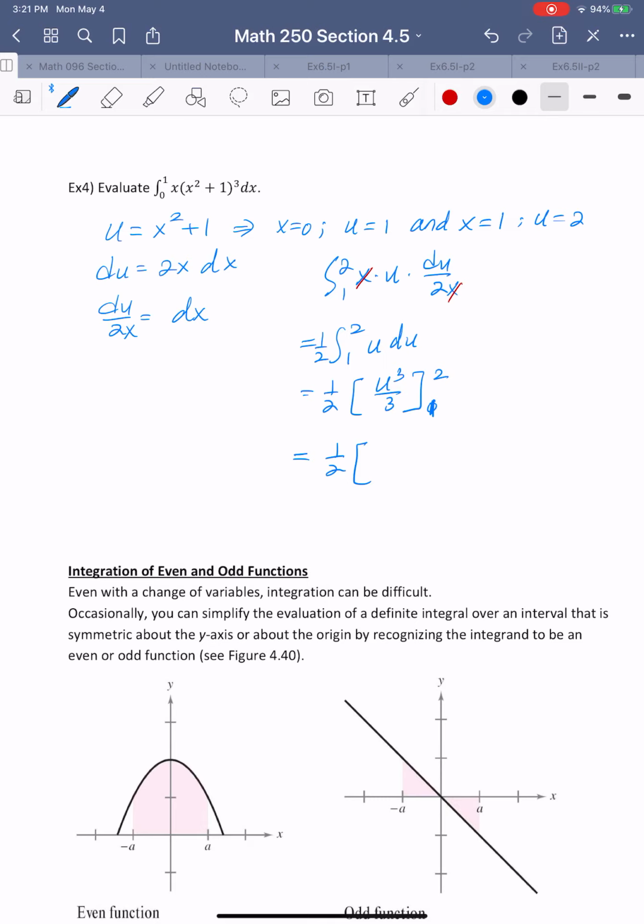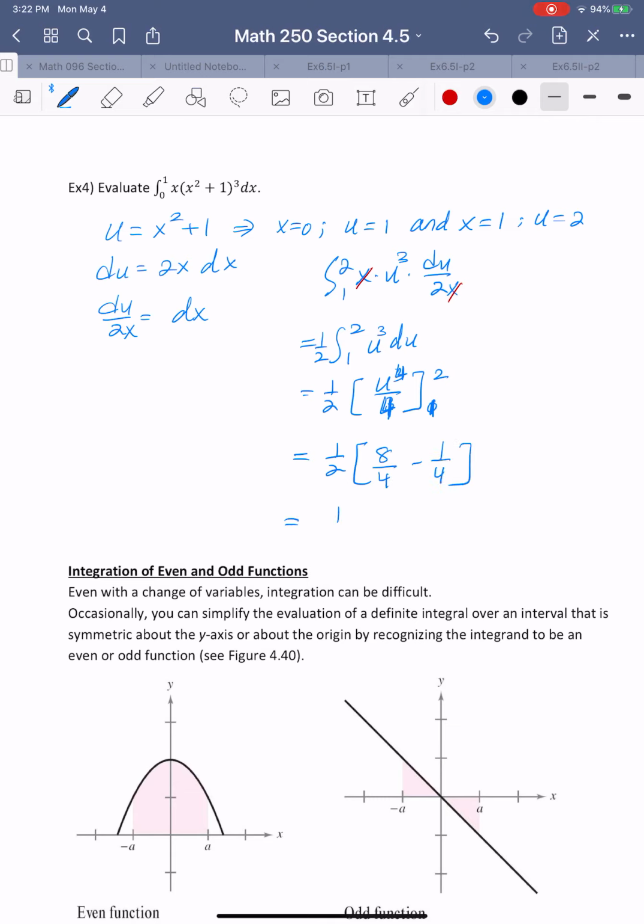Wait, did I say u cubed? Oh, sorry, u cubed, right? So u cubed, which integrates to u to the 4 over 4. Sorry about that. So plug it in: 16 over 4, subtract 1 over 4.